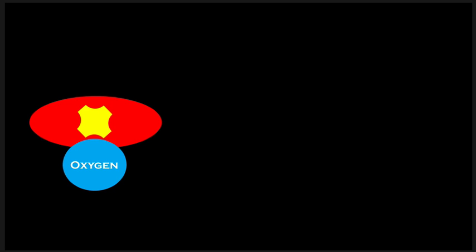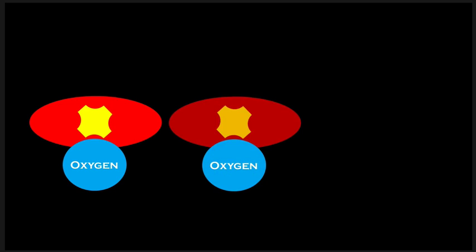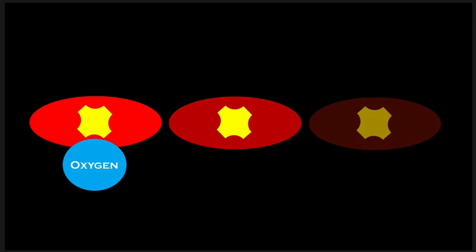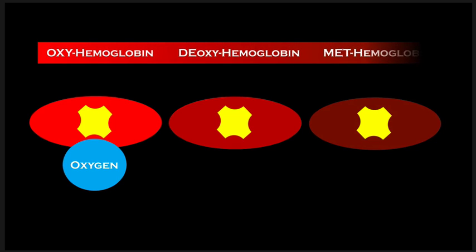So we've got oxygenated hemoglobin. And then it's going to shed its oxygen. And then it becomes deoxygenated hemoglobin. And then after a period of time, breaking down, like in a clot, it's going to become methemoglobin. And we'll talk about what that means in a second.